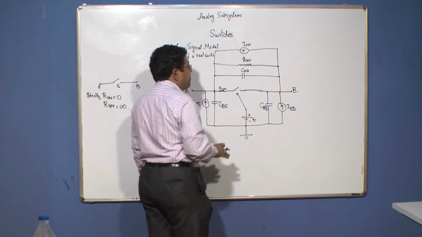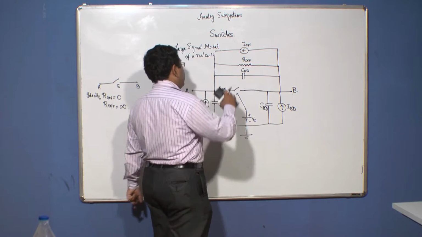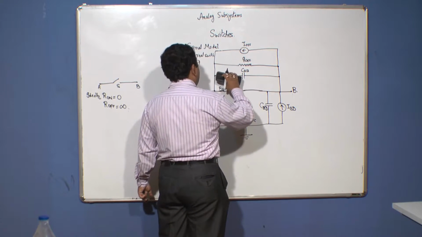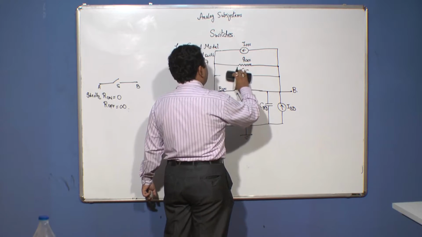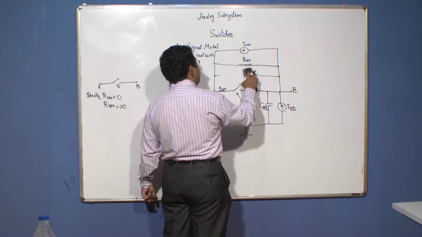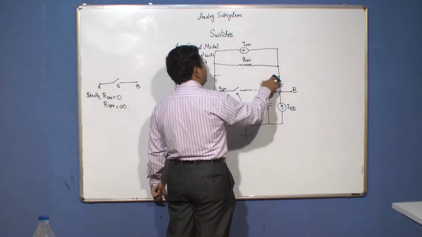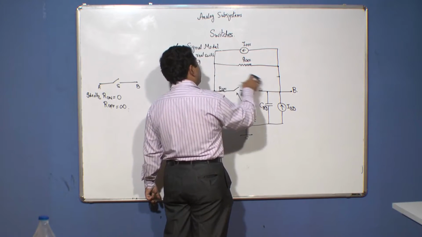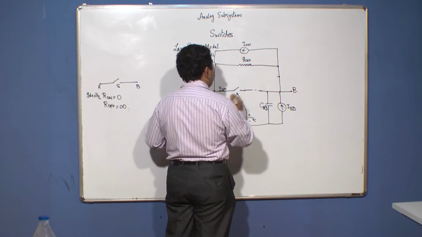However, we do not find any value for this coupling capacitance between A and B, and therefore, for a MOS transistor we remove this.